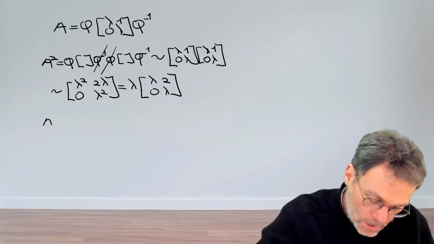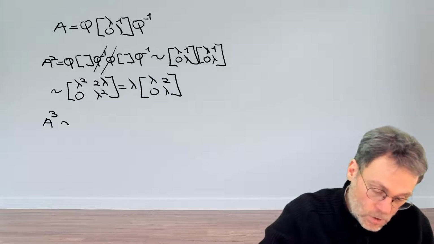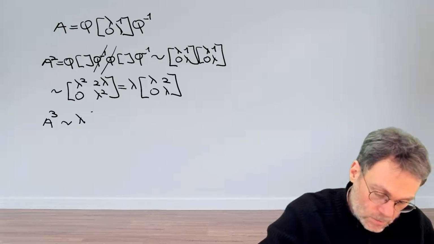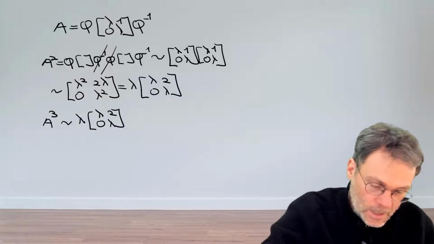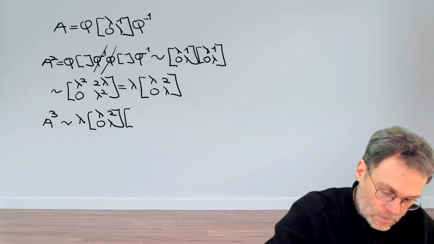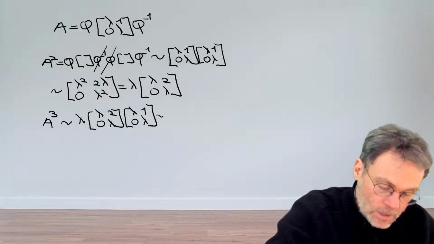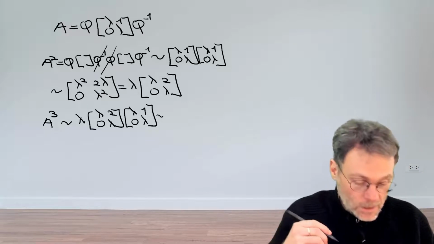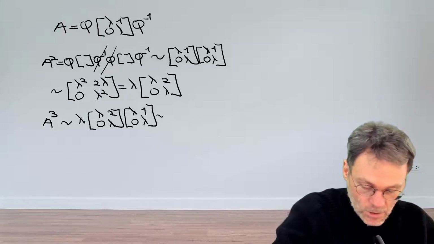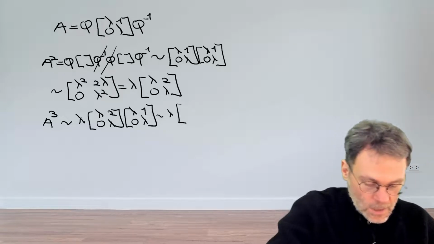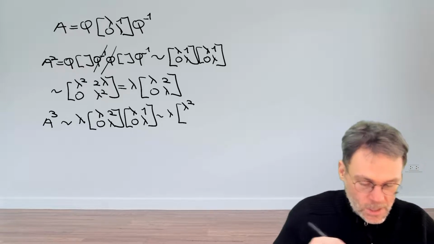Now let's do A cubed. A cubed is obviously A squared times A. So that's lambda, lambda 2, 0, lambda, and then times A. That was lambda 1, 0, lambda. Now if we calculate this thing, that gives us lambda times, and then we have lambda squared here.